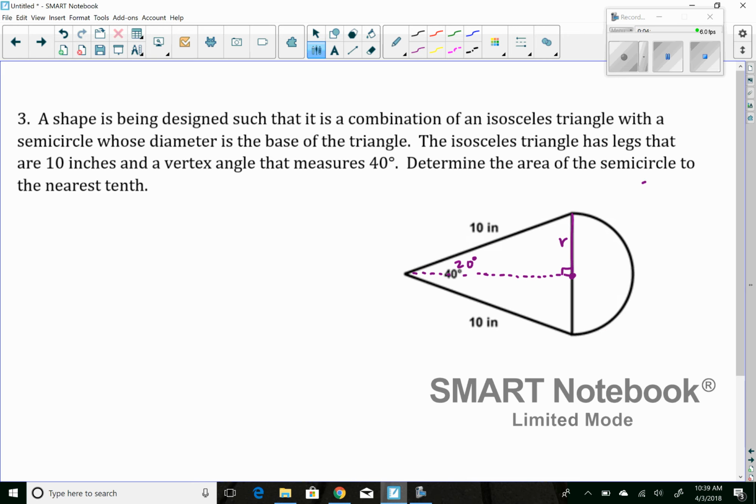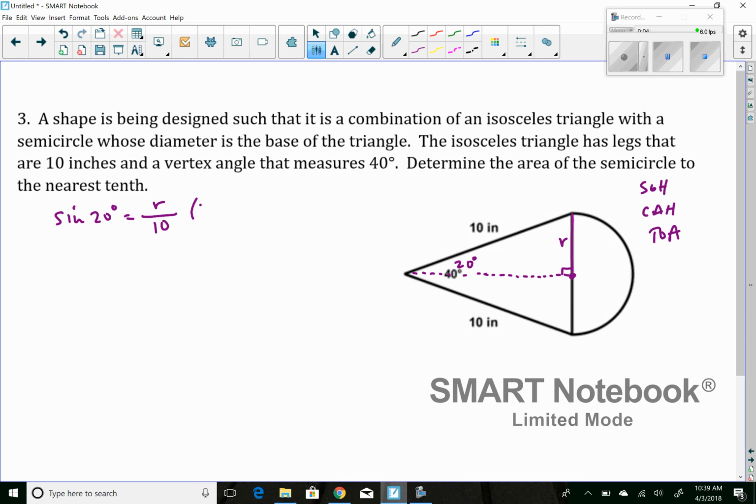So if I use Sohcahtoa, I notice I want to know the opposite side, and I already know the hypotenuse, so I'm going to use sine. I'm going to say the sine of 20 is equal to the opposite side over the hypotenuse.